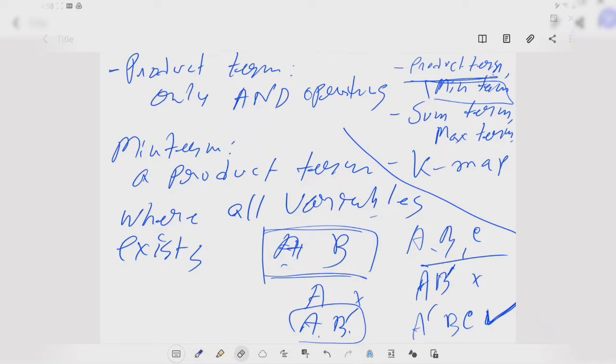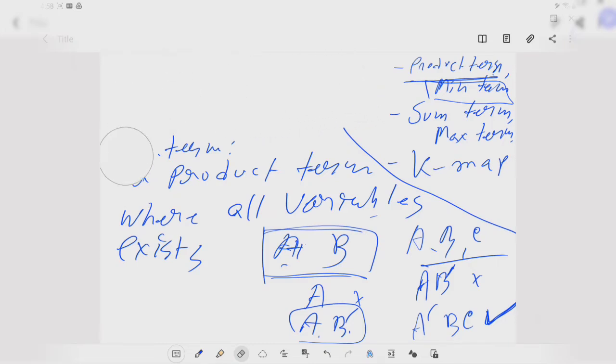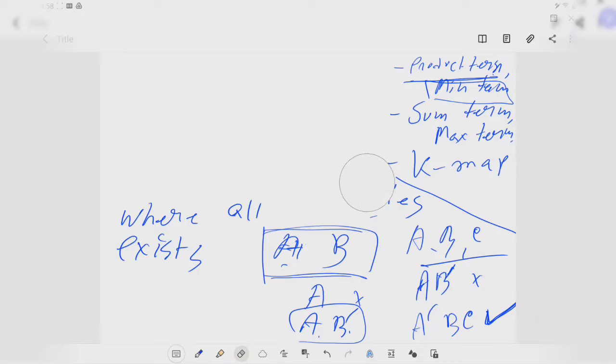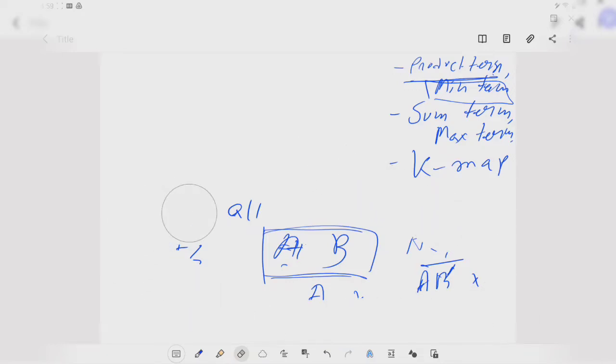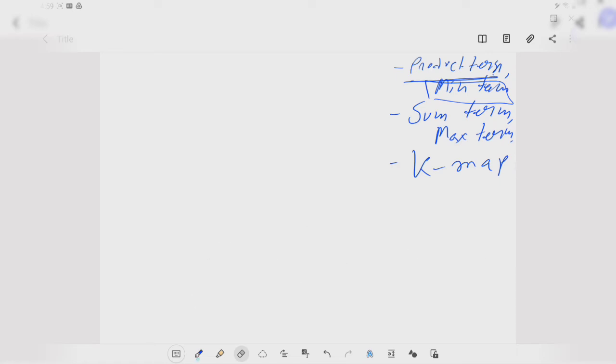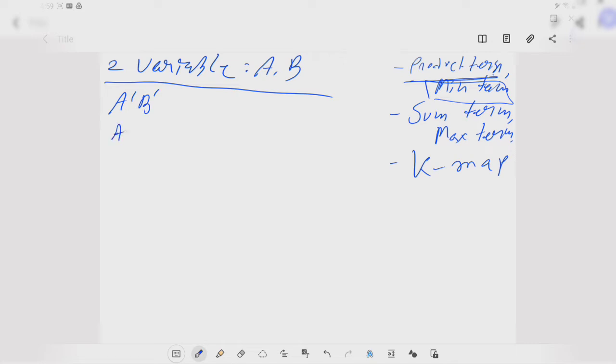Now the question is, in case of two variables, how many min terms are there? If we have a two variable system, A, B, then the product terms can be A prime B prime, A prime B, A B prime, A B. These are four min terms.